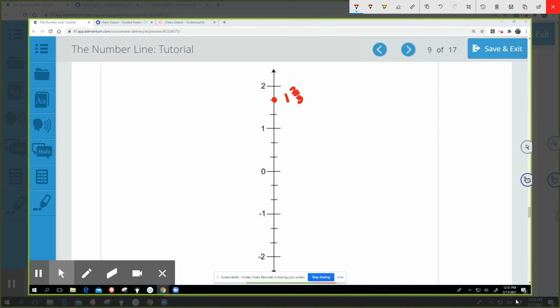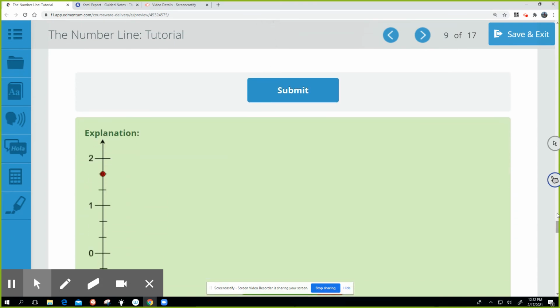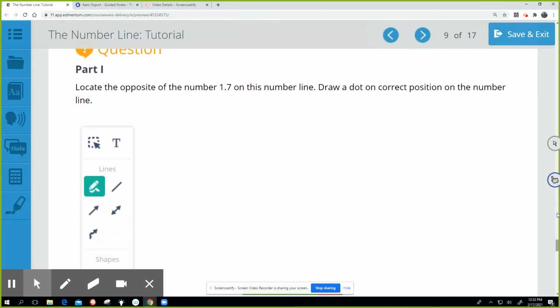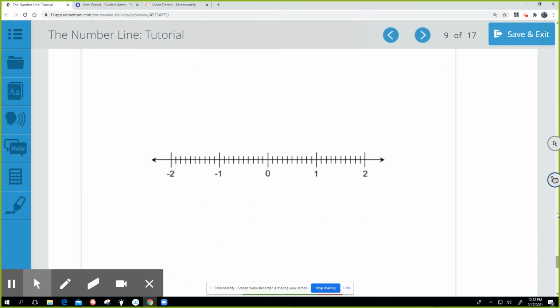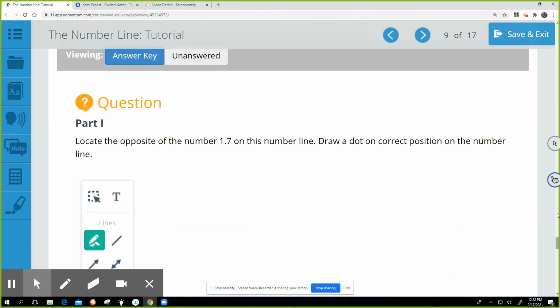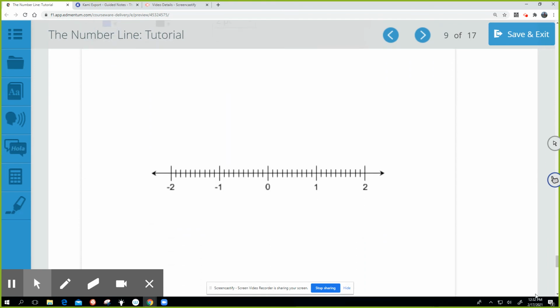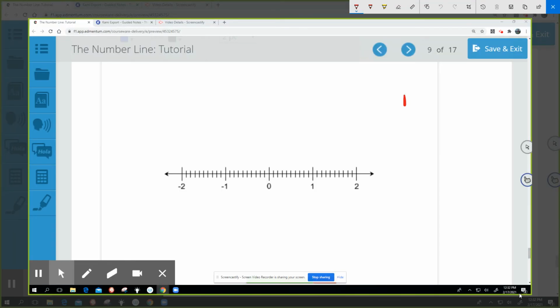Okay, I'm going to X that out. And we're going to move to question I. Locate the opposite of the number 1.7 on this number line. So what is the opposite of 1.7? The negative.